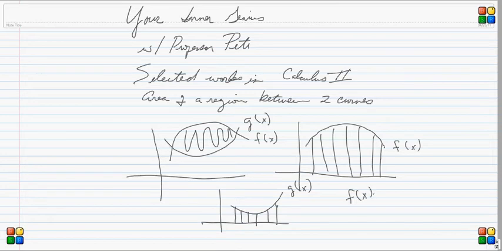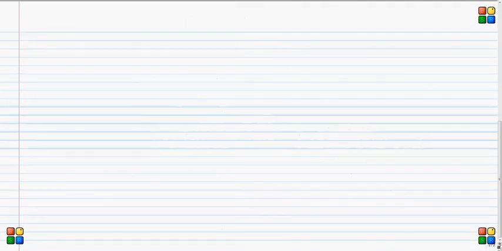That's because if we took out the g of x from here, if we took out that part right there, we would come up with the area that we're trying to come up with. That's just a basic idea of where we're going with this.